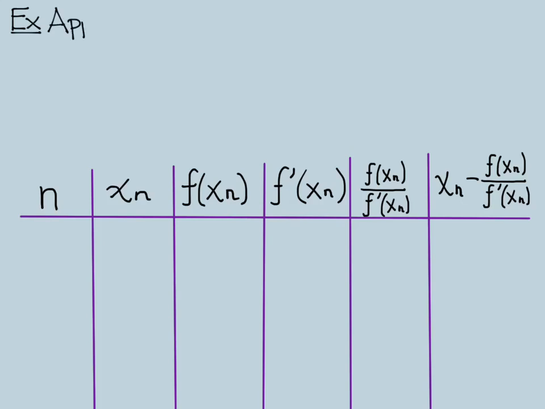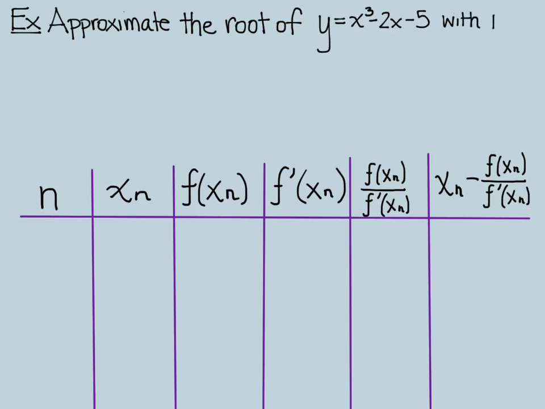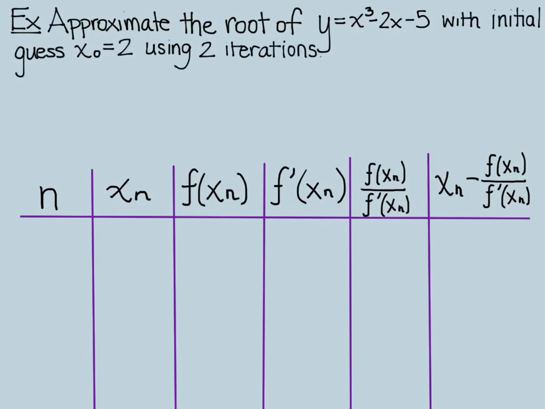So let's try an example. Let's approximate the roots of y equals x cubed minus 2x minus 5 with initial guess of x naught equals 2, and we'll do 2 iterations of Newton's method. So we start with n equals 0. Our initial guess is going to be when n is 0. And x sub n, our initial guess x sub 0, is 2. When we plug 2 into the function f of x, we end up with negative 1.